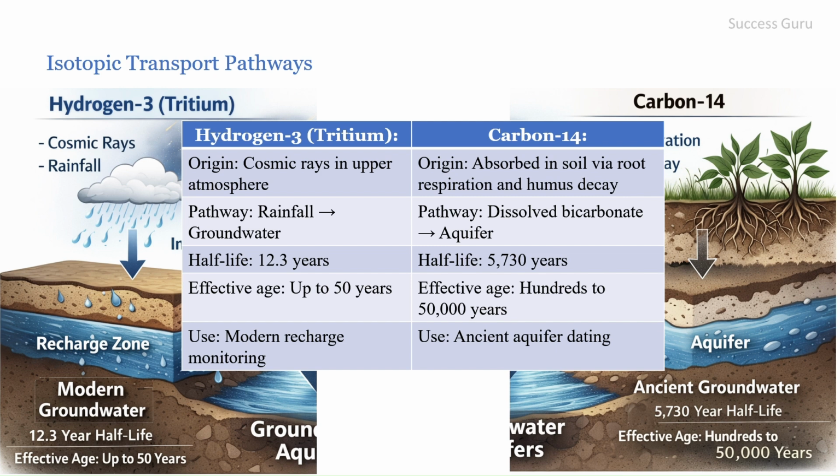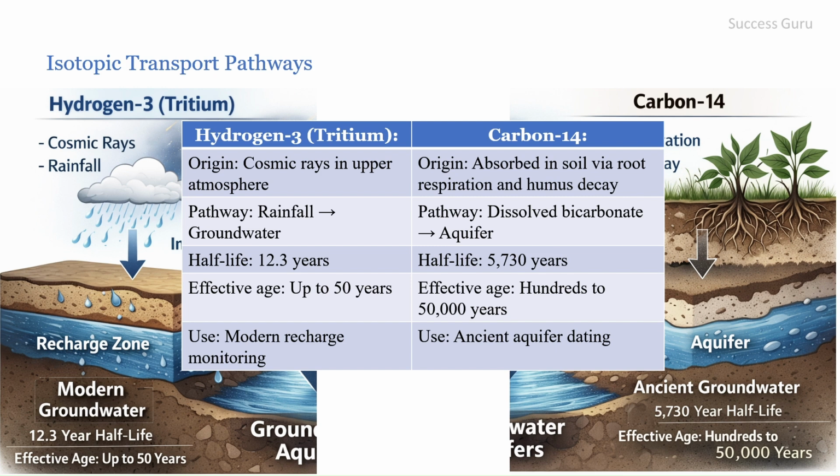For carbon-14, the origin is mainly the soil, via root respiration and humus decay. When water percolates through soil where vegetation or humus is present, humus decay or root respiration may lead to carbon-14 entering the groundwater.